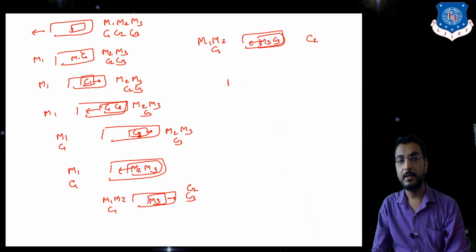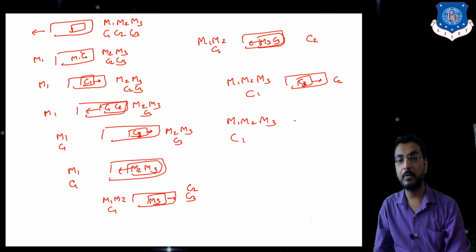Now see, let's say M1, M2 and M3 will be here and C1 is here and C3 is going to take the other person C2. Now M1, M2, M3 will be here, C1 was also here, and C2 and C3 are coming together to the other bank of the river.